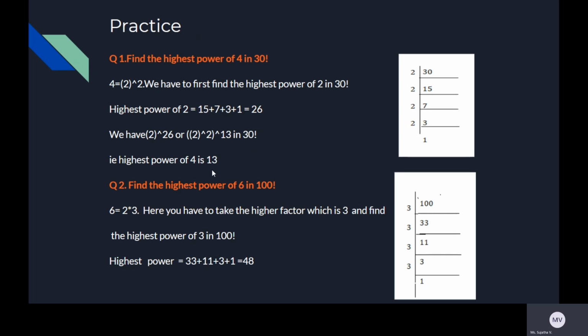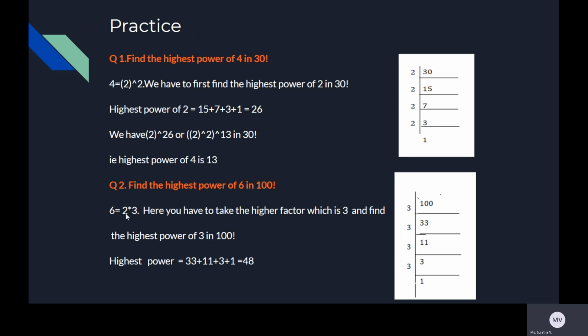The next one, highest power of 6, another composite number, but it's not a perfect square. If you prime factorize it, 6 is equal to 2 into 3. Whenever you are doing this question, your first step is to prime factorize if it is a composite number. When you're prime factorizing, please take the two factors which are co-prime to each other.